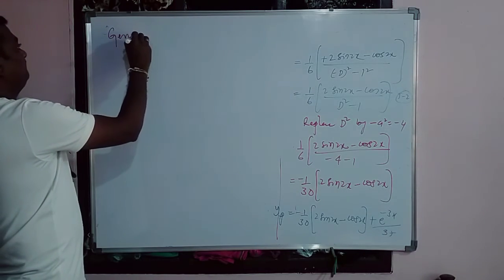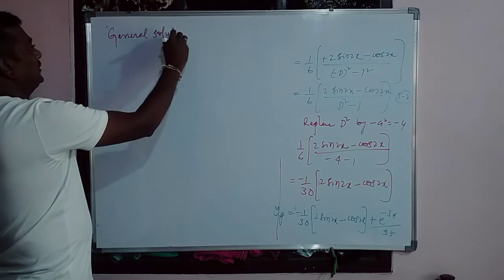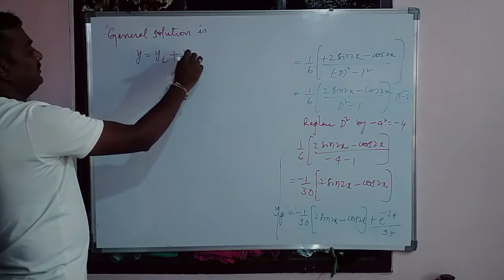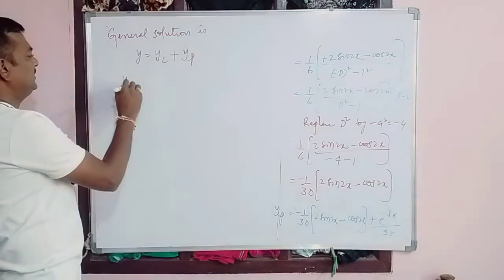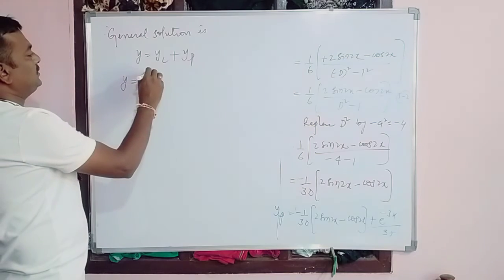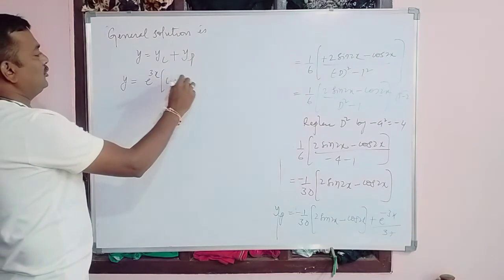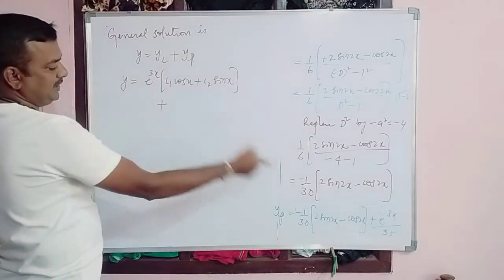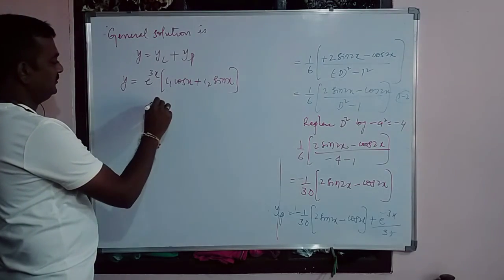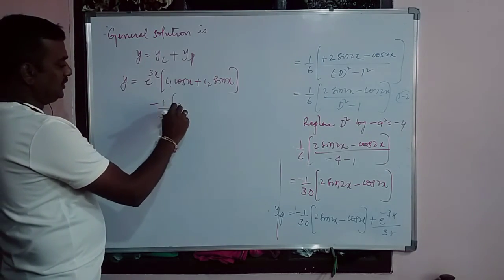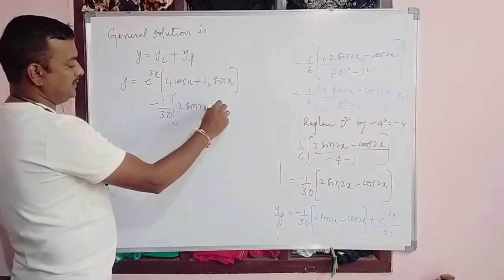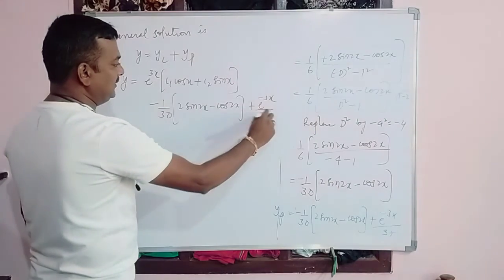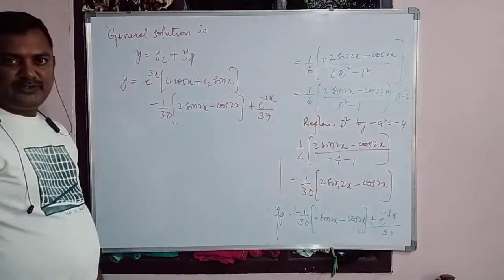Therefore the general solution is y equal to yc plus yp. What is yc? yc is e raised to 3x into c1 cos x plus c2 sin x, plus yp. yp is minus 1 by 30 times 2 sin 2x minus cos 2x plus e raised to minus 3x divided by 37.